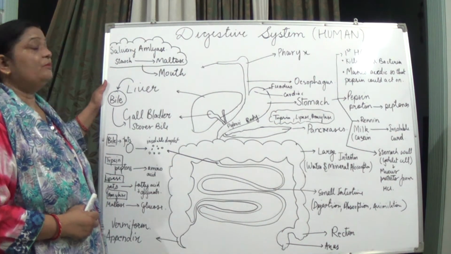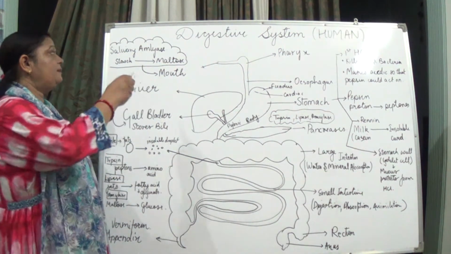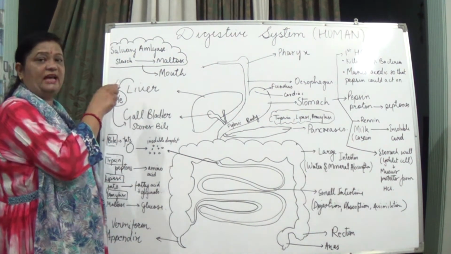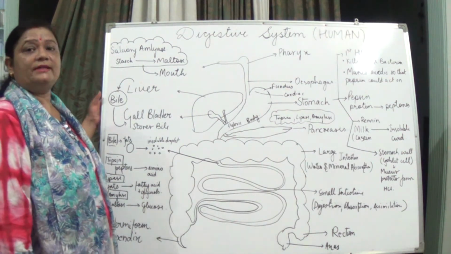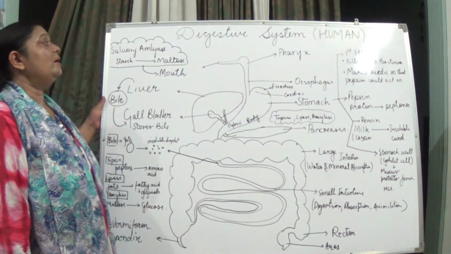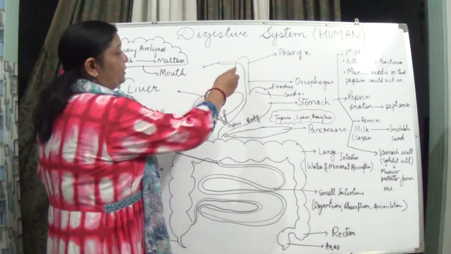After the carbohydrate or the starch has been partially digested to a simpler form, that is maltose, the food moves on to the esophagus.